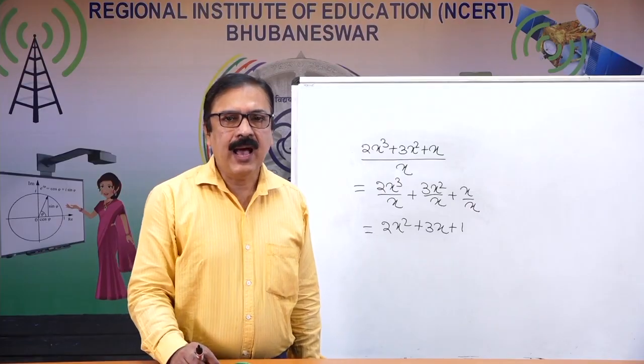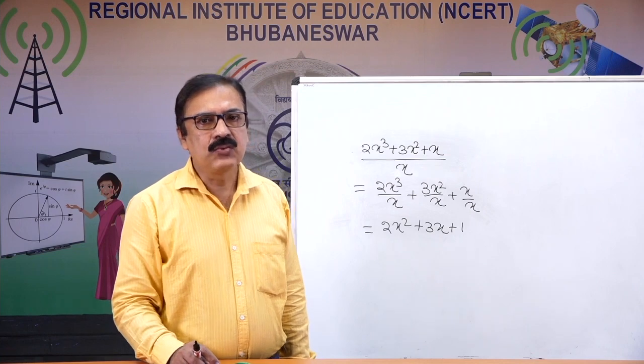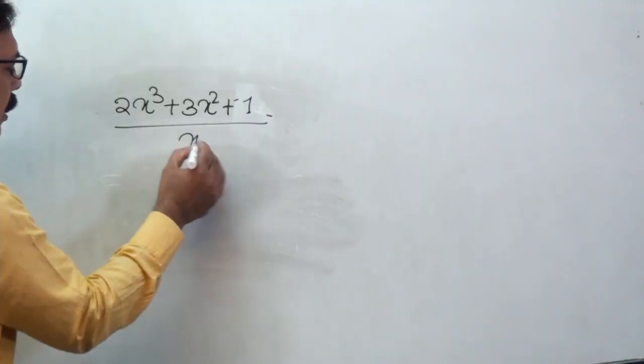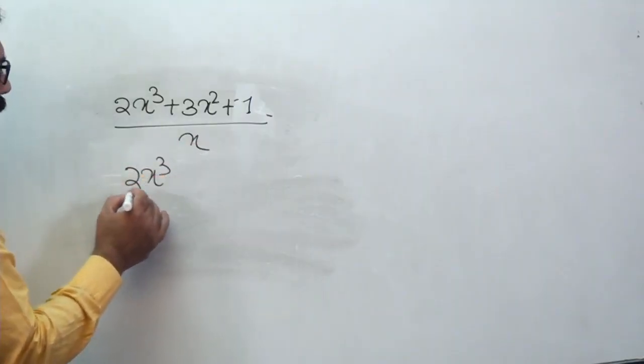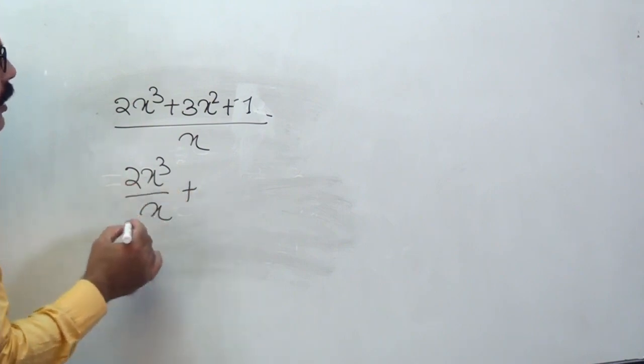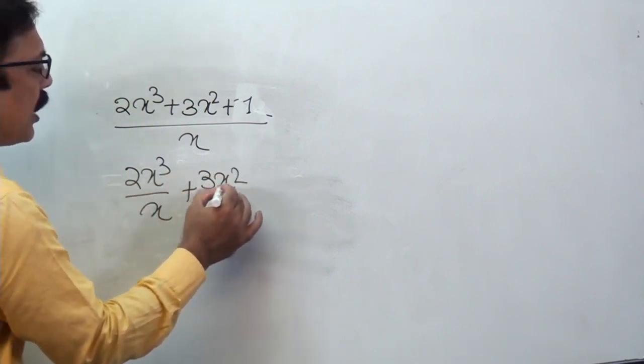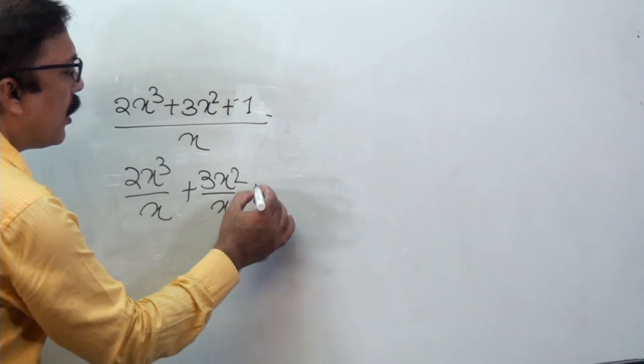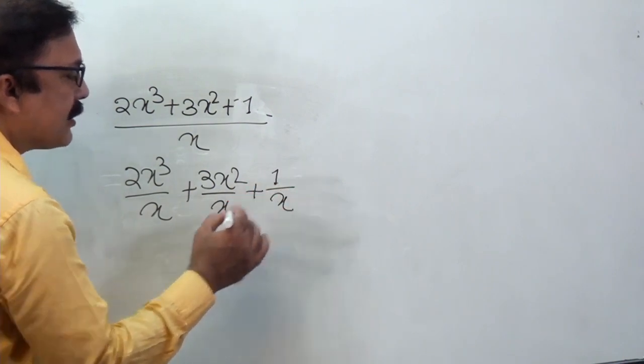Let's consider another division, 2x cube plus 3x square plus 1 by x. What happens in that case? If we divide by x, the first term is divisible by x, and 3x square can also be divided by x, but is 1 divisible by x?